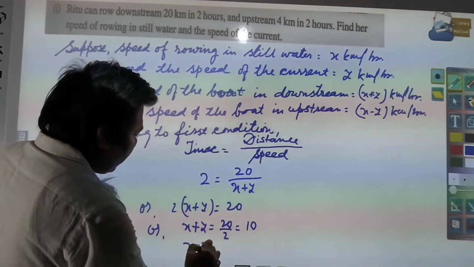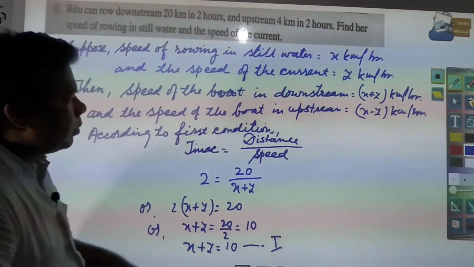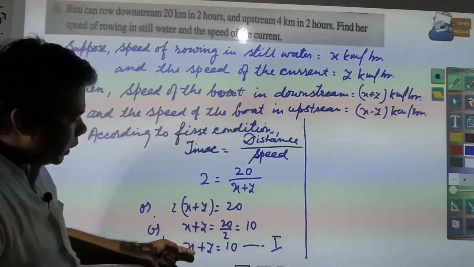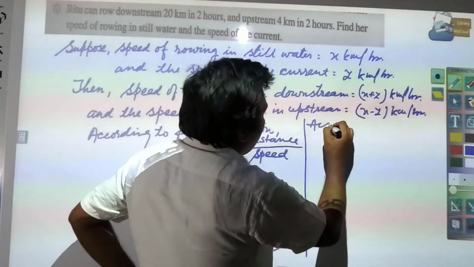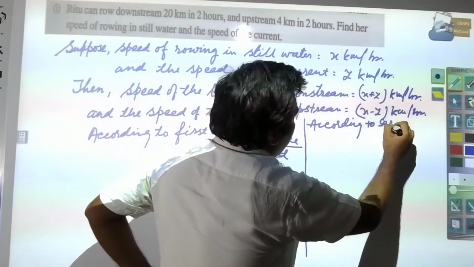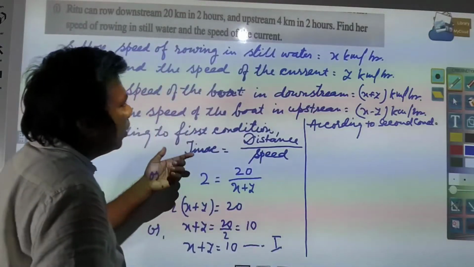So finally you have got x plus y is equal to 10, and this is your first equation. Now you have the first equation. According to the second condition, what do we have?